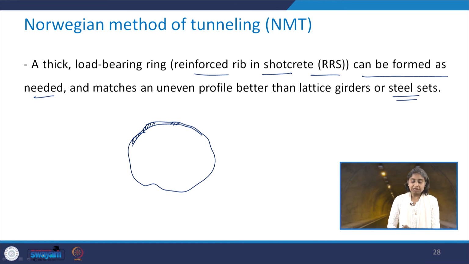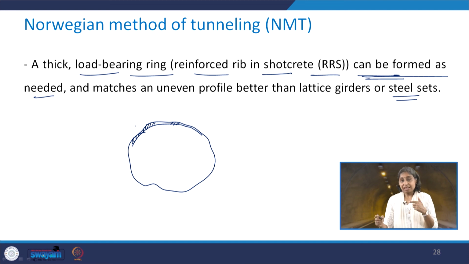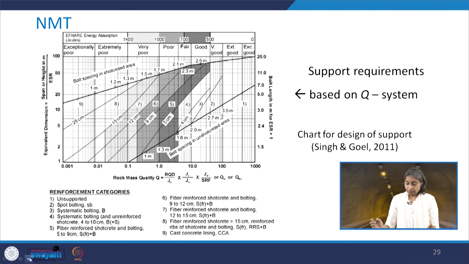Wherever these undulations are there, these steel sets will not be in touch with the excavated boundary. So, in that case, a thick load bearing ring can be formed as and when needed, because it matches better as compared to steel sets or lattice girders.